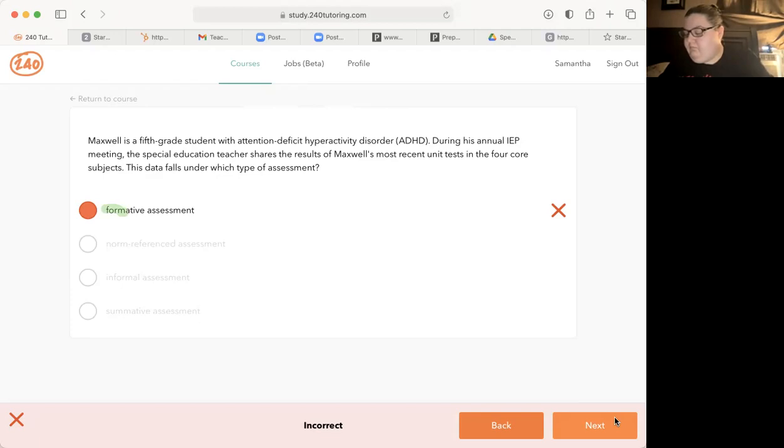Having them do an exit ticket could be a formative assessment. Walking around and listening to their cooperative learning groups, or listening to their discussion in think, pair, shares, or partner dialogues, that is a formative informal assessment. So we use them all the time.